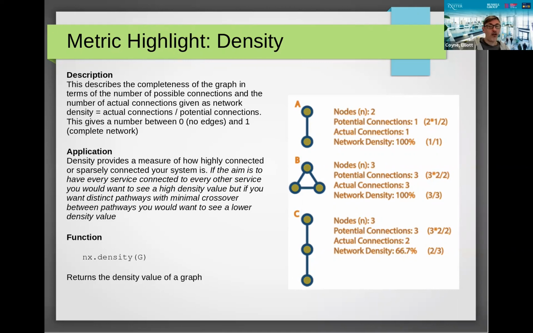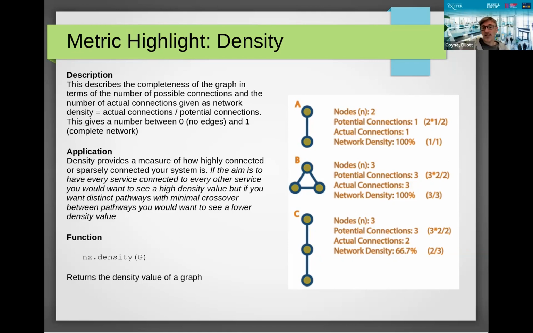As we can see on the right, for A and B, they are completely connected. So every node is connected to every other node by vertices, by edges, but then if we look at the third option, C, there's 3 nodes there, but only 2 vertices. So the top one could actually be connected to the bottom one.